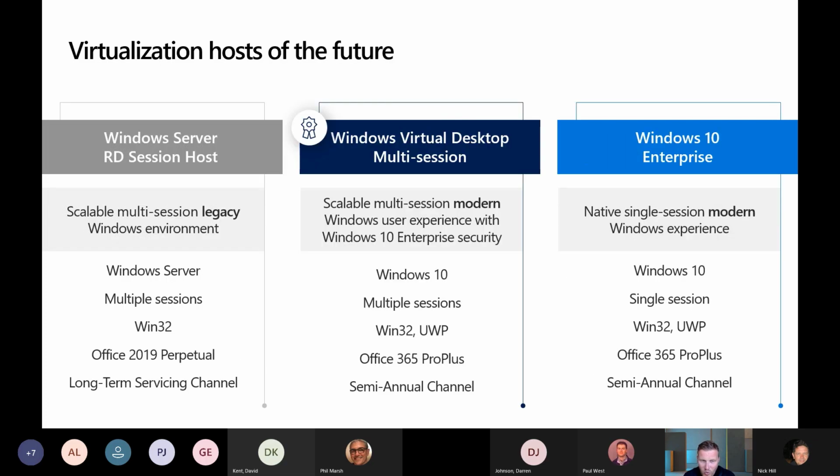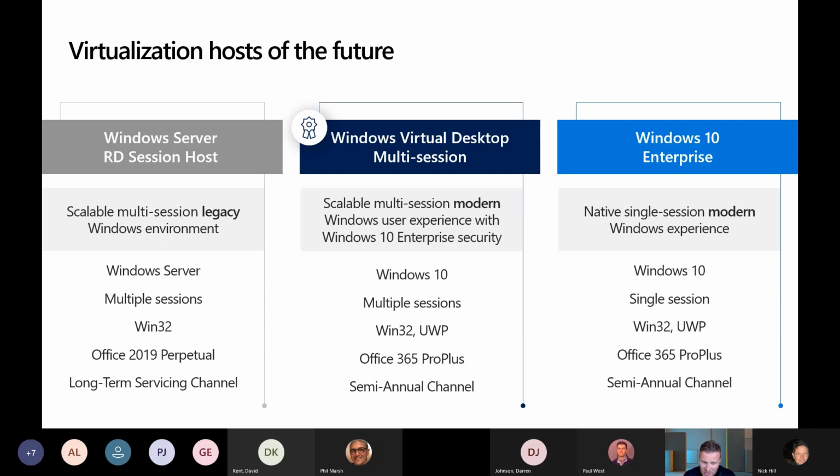Now, what we've done with Windows 10 Multisession is effectively plug the gap in between both of these and bring the best of both worlds together. So what Windows 10 Multisession is, as the name suggests, is the RDS capability from Windows Server combined with the user experience that most users have come to expect from Windows 10.